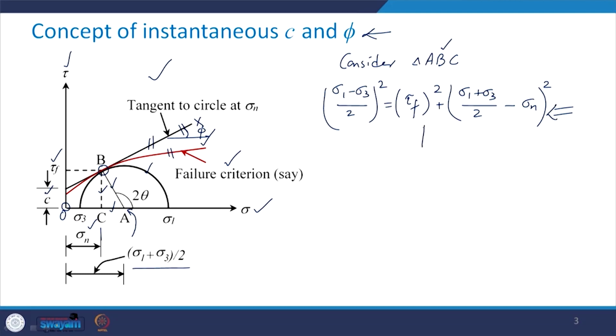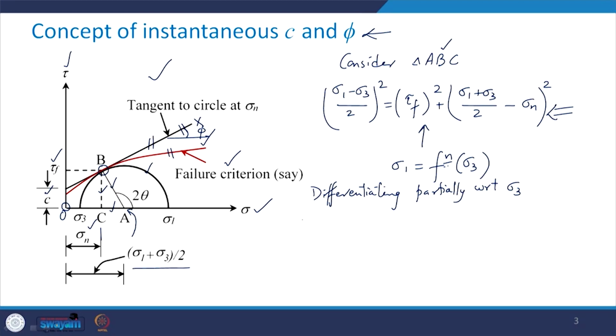Now, this is going to give me the functional relationship, which is sigma 1 equal to some function of sigma 3. Now, differentiate this equation partially with respect to sigma 3.